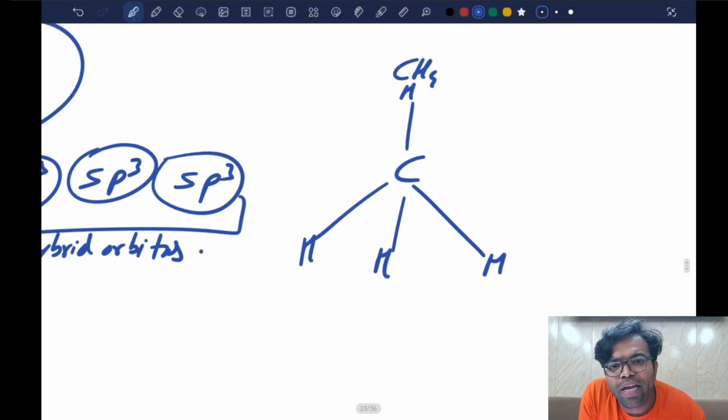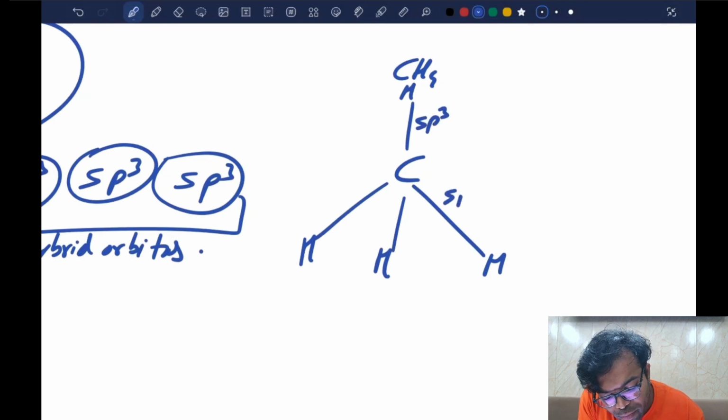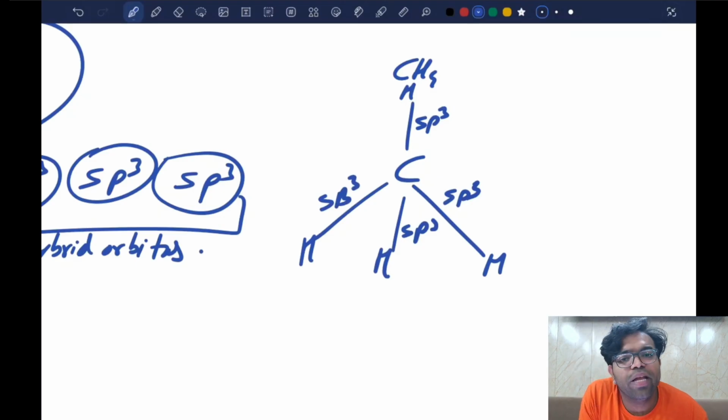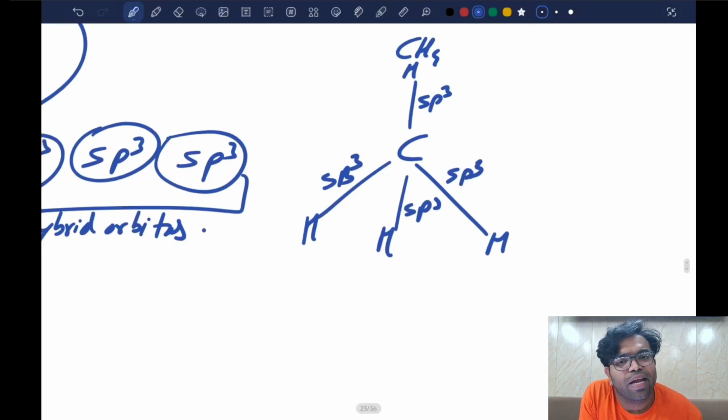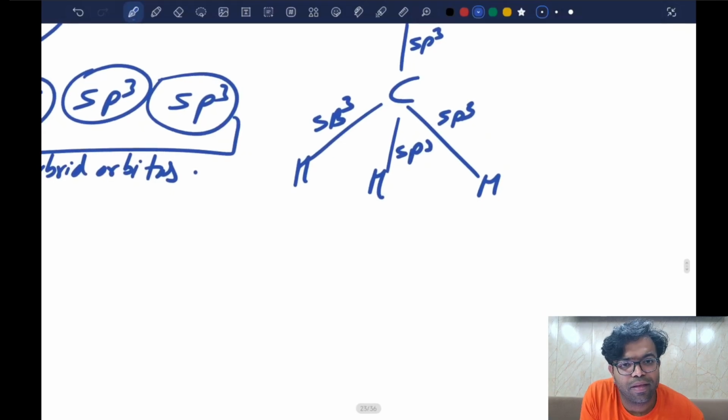You created four sp3 orbitals to actually do the job for you. Now all the bonds have the same length, all the bonds have the same energy, and you get a perfect tetrahedral geometry. Clear?